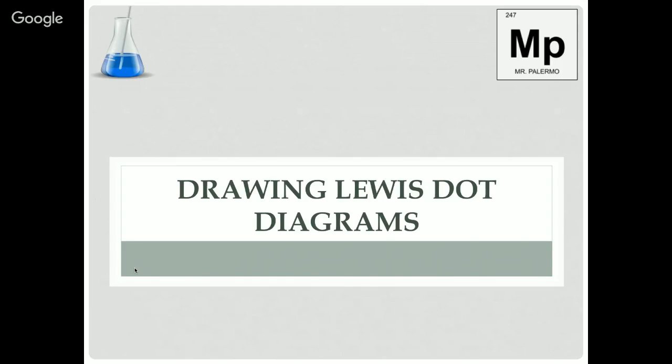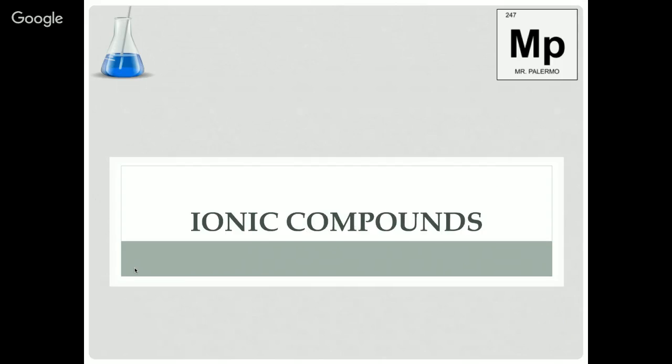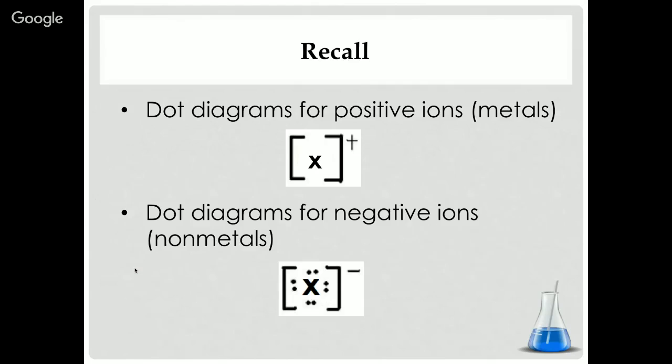Okay, our next part, we're going to go through drawing Lewis dot diagrams for both ionic and covalent. So let's first focus on the ionic compounds. If you recall, drawing the dot diagram for positive ions, which are metals, we have the symbol of the metal inside brackets, with the charge of that metal on the outside, in the upper right-hand corner.